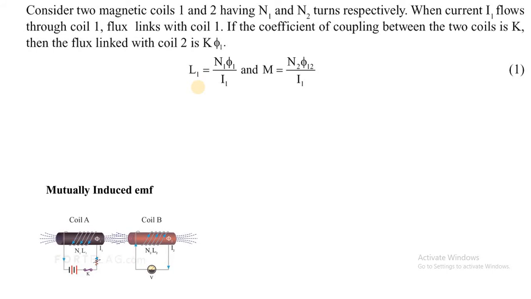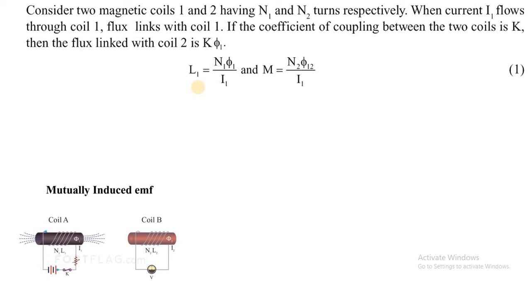Yes, ma'am. Okay. Now when coil 1 is taking the current, the inductance offered by coil B is called what? Mutual inductance. The inductance offered by coil B is called mutual inductance when coil 1 is taking the current.